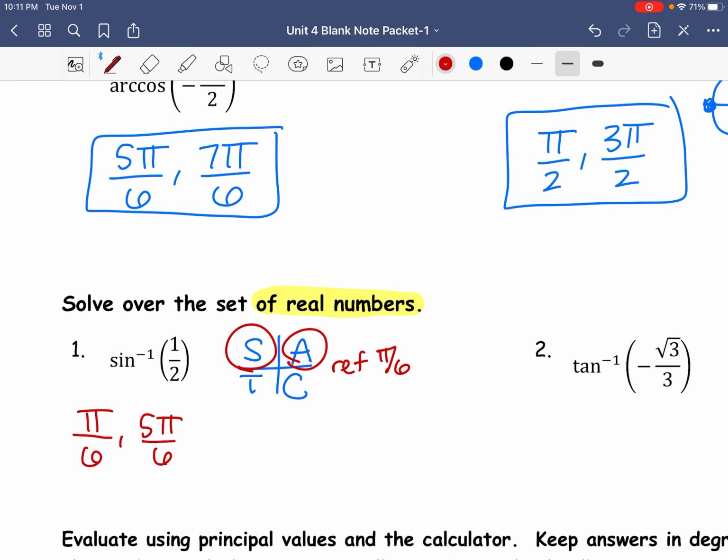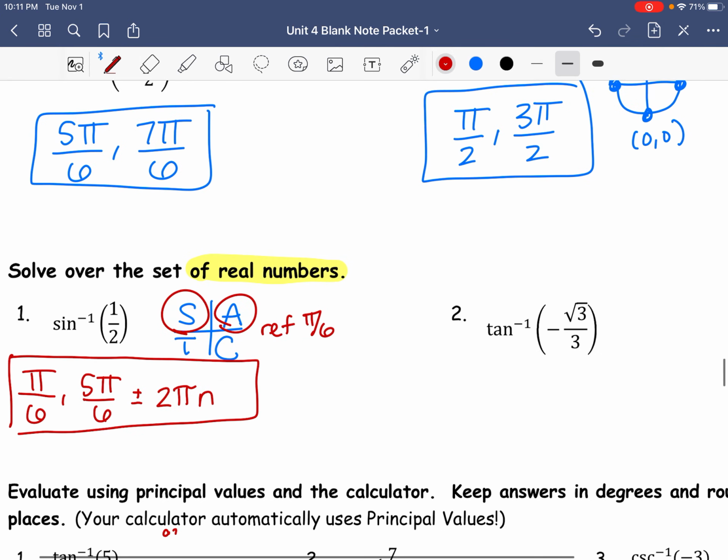Would that count? Yes. And so to account for all of those angles, there's an infinite amount of them. I put down the 2 that I know, and then I say plus or minus 2 pi n, where 2 pi is a full circle and n is just a constant, and that means I could go around any number of full circles, any number of 2 pi's.